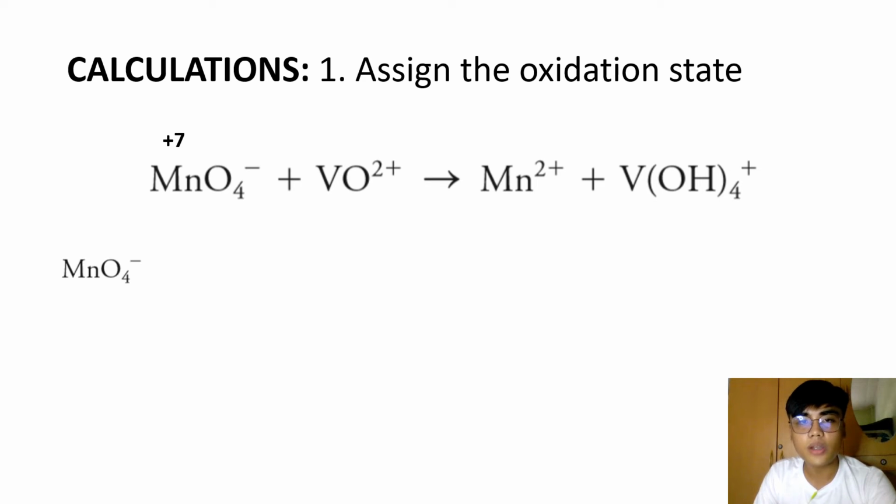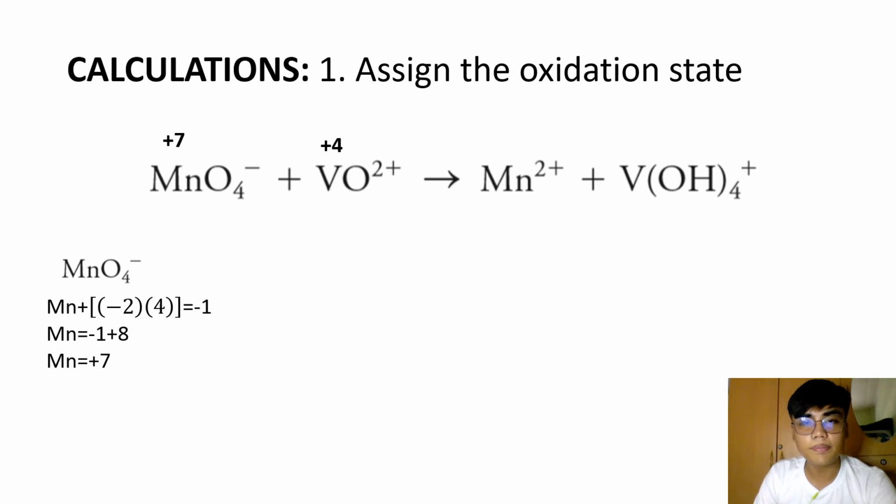We have 4 oxygen, so -2 times 4 gives us -8. And you know that the total for the entire anion has equal to -1 as the charge for the permanganate anion. Therefore, -1 plus 8 is equal to 7, which assigns as the oxidation state of the manganese.